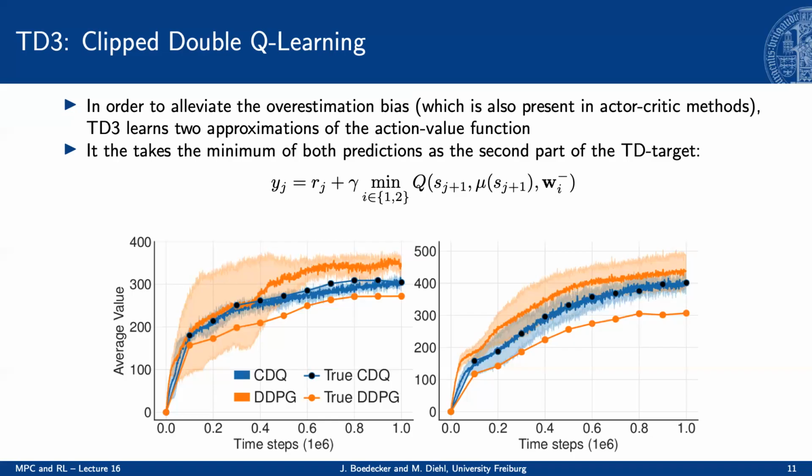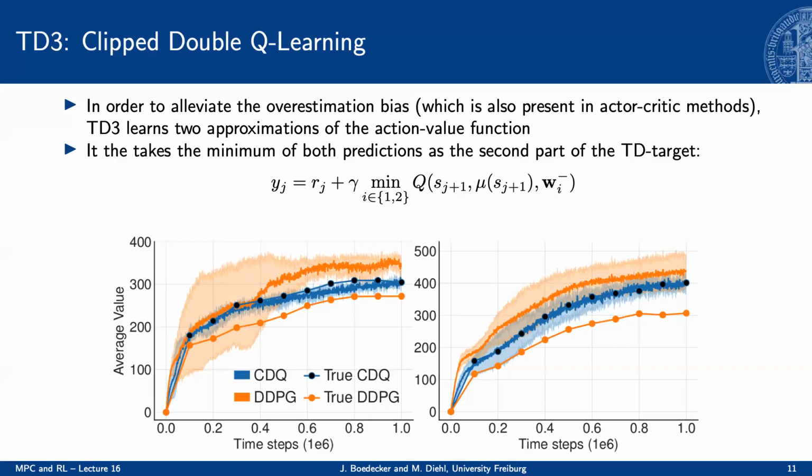For the blue objective, this is the clipped double Q learning that's in TD3. This blue line and this dotted blue line are much closer together. So here we actually have more of an underestimation effect. It's much more careful not to overestimate if you compare it to DDPG.